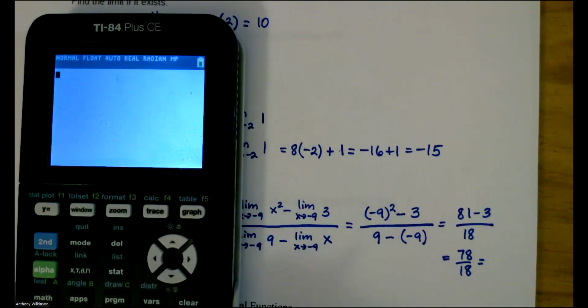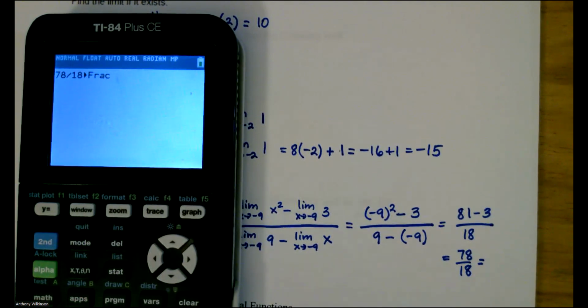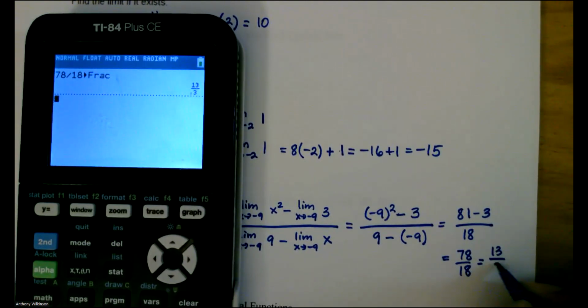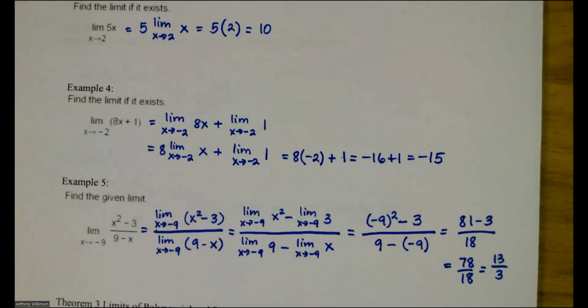I'll show you that. So it'd be 78 divided by 18. Press the math key, select number 1 as a fraction, hit enter, you'll get 13 thirds in simplest form. So that means the limit as x approaches negative 9 of x squared minus 3 divided by 9 minus x will be 13 thirds.